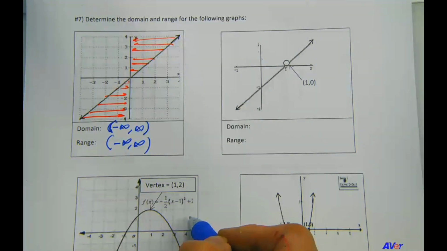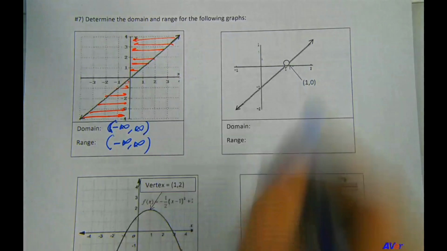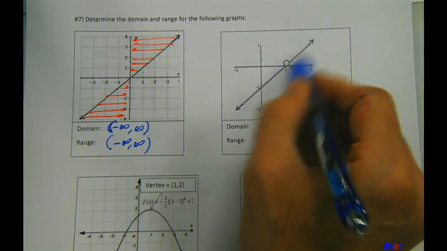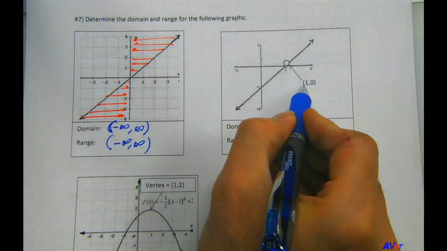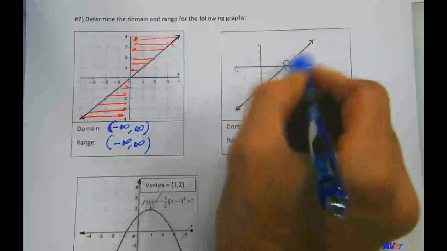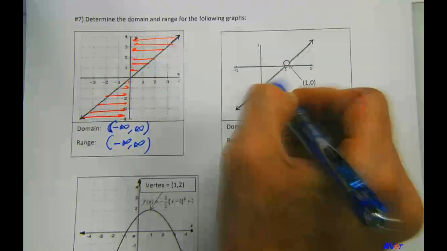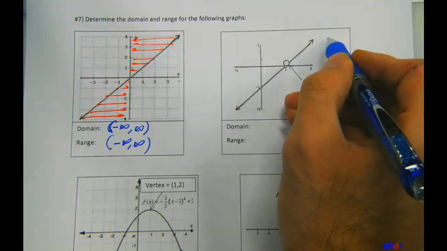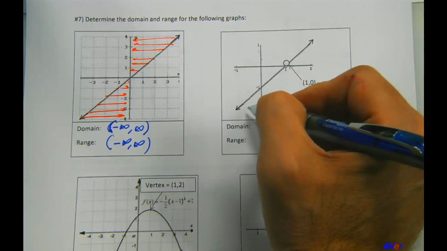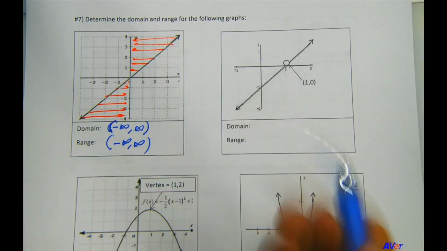Yes, there is one value. The value of x that this line cannot attain, because of this hollow circle, is x equals 1. So what can it attain? It can attain everything after it, everything before it, but not 1. So how do we reflect that?